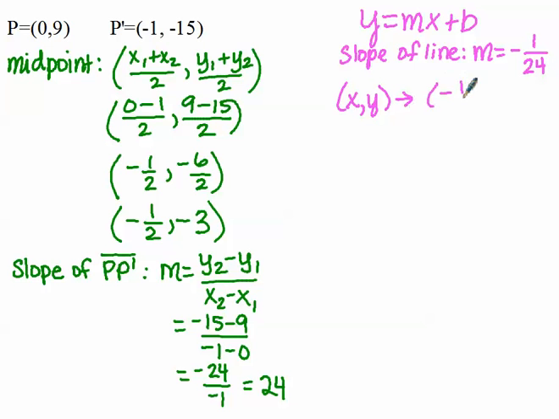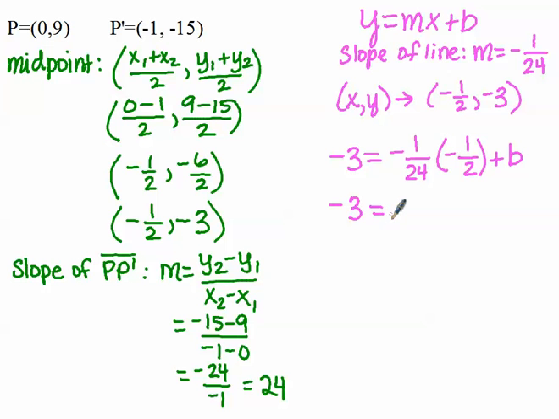So we use negative 1/2, negative 3. Okay, so we fill them in. y equals m times x plus b. Multiply. Get a positive 1/48 plus b.